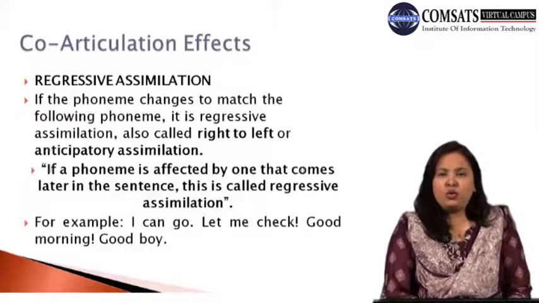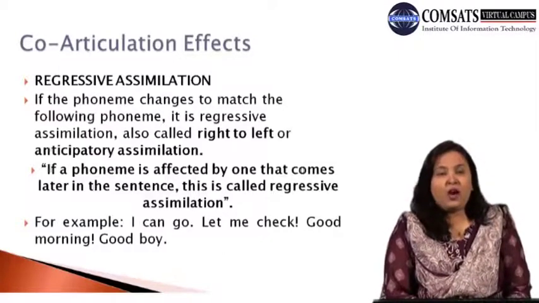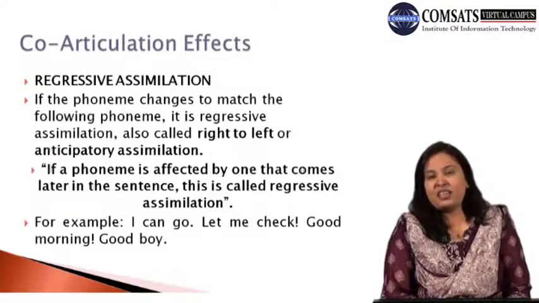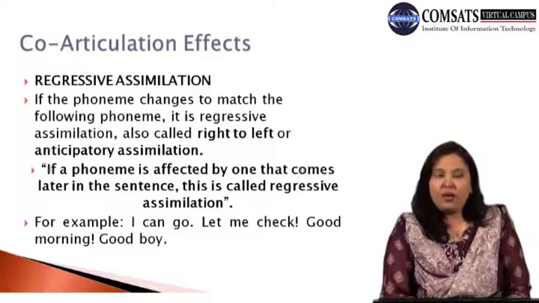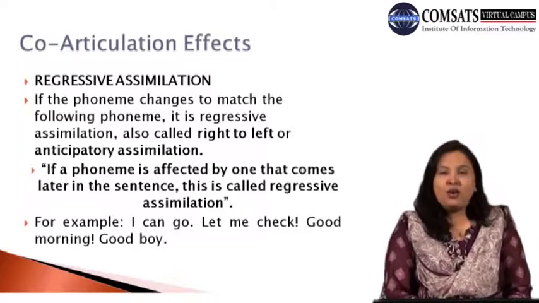Similarly, we are in the habit of saying good morning. Now in actual speech we do not pronounce good morning fully. At rapid speed we will say good morning. Again we are assimilating the da sound with the following sound, that is the ma sound. Good boy. Now he is a good boy.